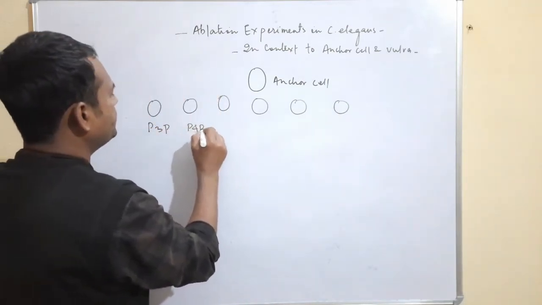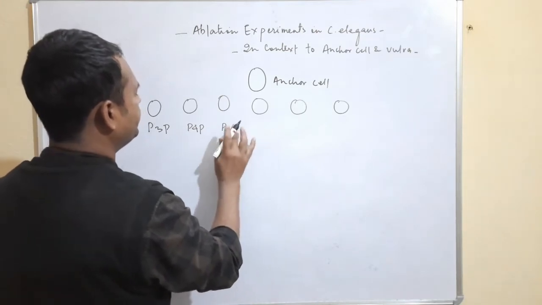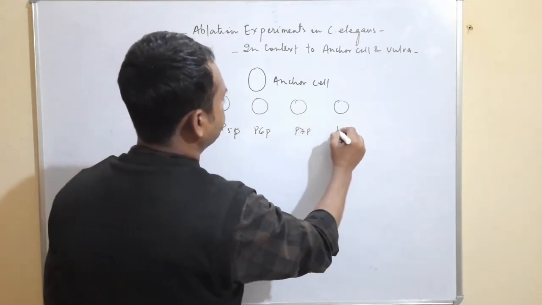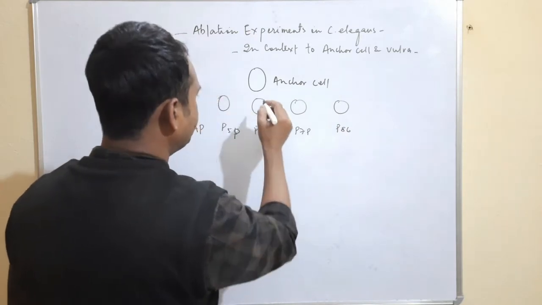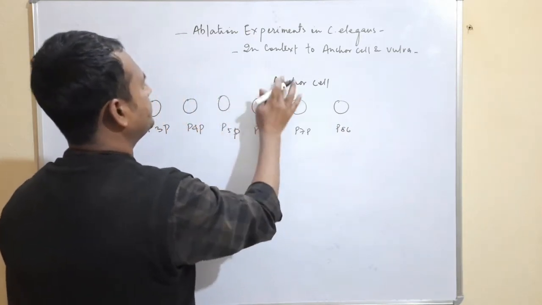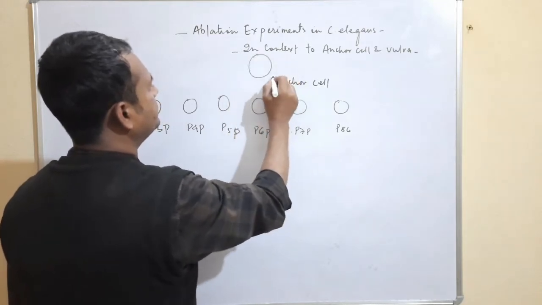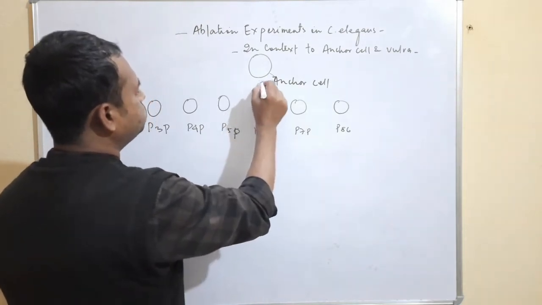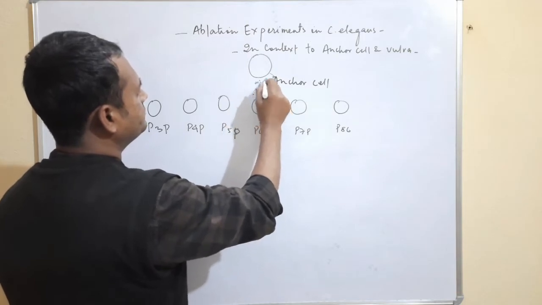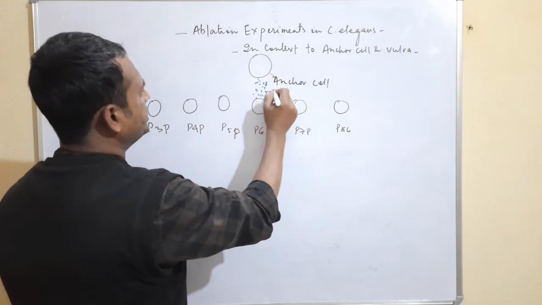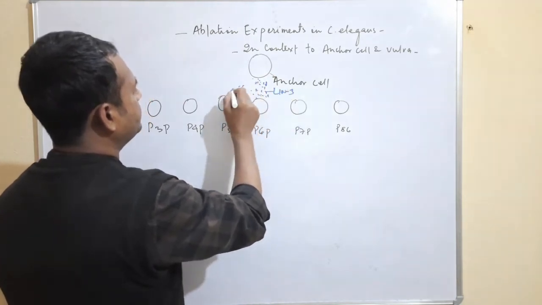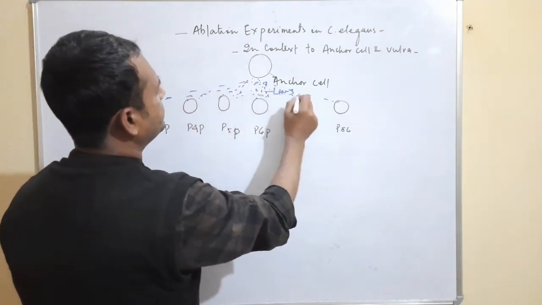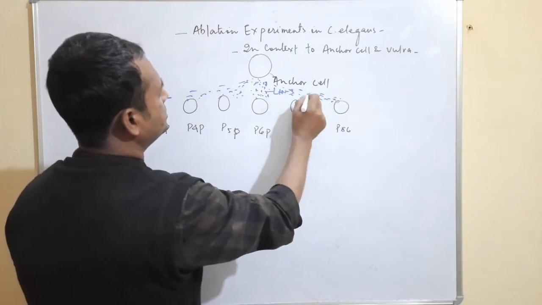After they get the lin-3 protein, P6P is getting the maximum lin-3 protein, and gradually the concentration of lin-3 protein decreases towards the peripheral cells.